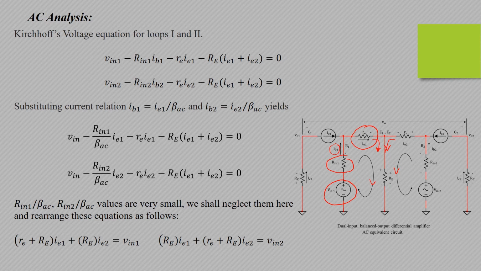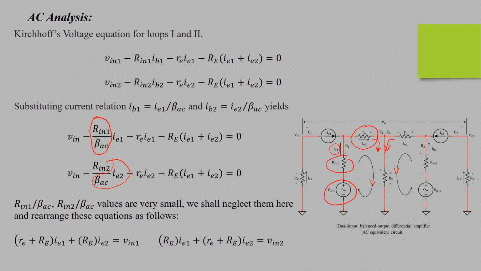So we can substitute the relation IB1 is equal to IE1 over beta AC, and similarly IB2 is equal to IE2 by beta AC. So this is just replacing IB with IE by beta AC. Now Rin1 by beta AC and Rin2 by beta AC values are very small and we can neglect them.